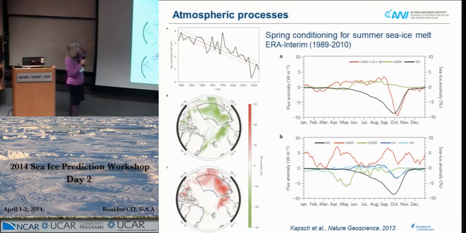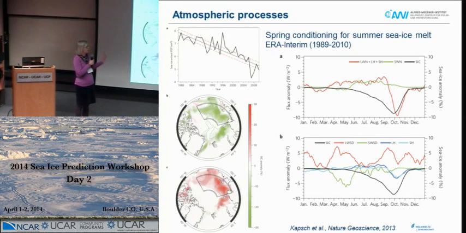If we sample just the years that are outside of the mean trend, so outside of the lines there, we have years with more sea ice loss, and in this region you have less than normal sea ice at the end of the summer.